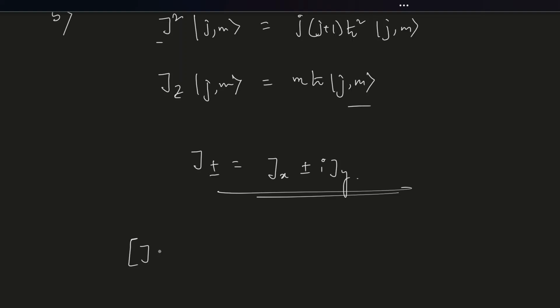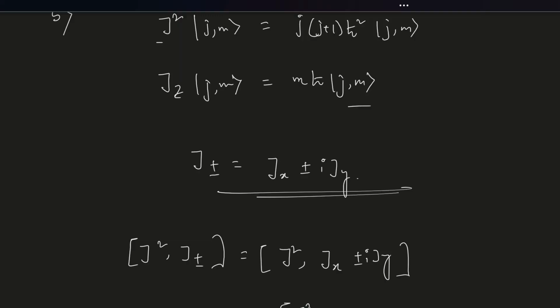Now you can take a commutator bracket relation of J square and J plus minus, which is basically J squared with Jx plus minus I Jy.